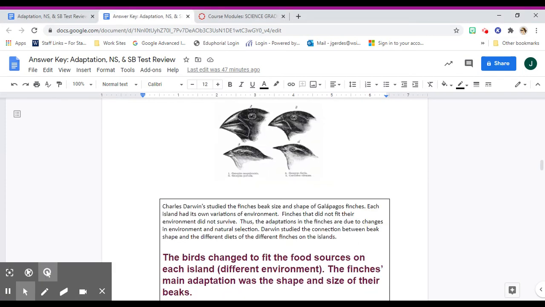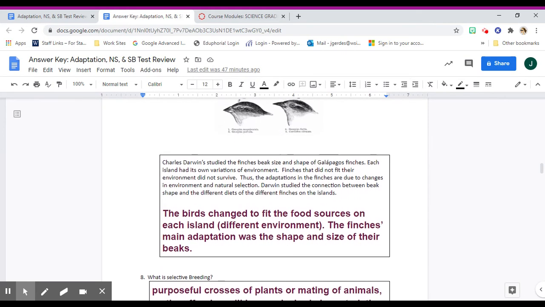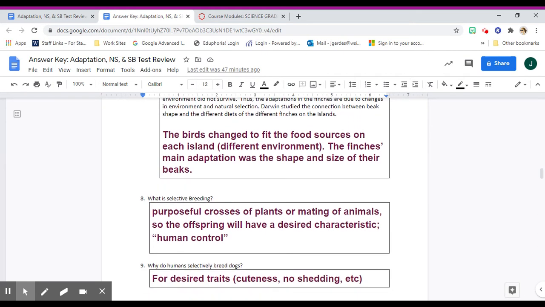Remember, a thicker, stout beak like this first bird would eat something like seeds and be able to crush things. But birds with a longer, slender beak are going to have more of ability to get like insects out of holes or off the ground. So just know the different beaks were caused by the different food.